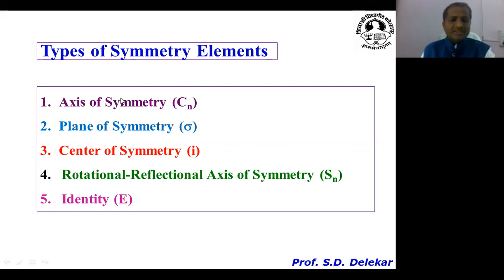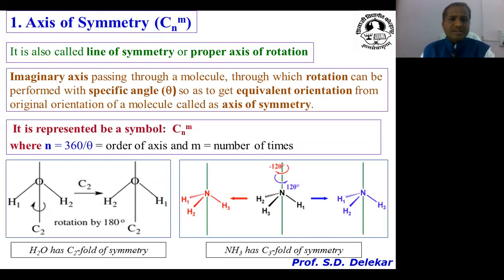So let us see what the axis of symmetry is. It is simply called the symmetry axis, and in some books it is also called the line of symmetry or the proper axis of rotation.